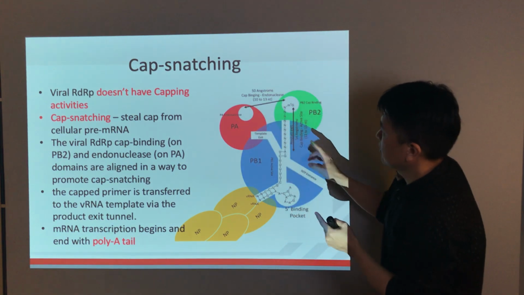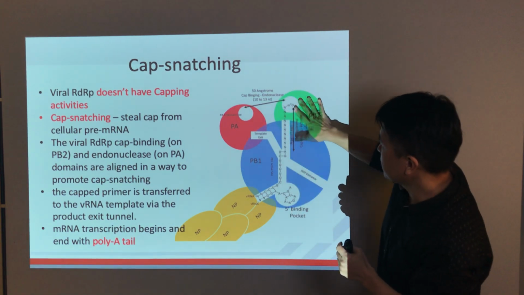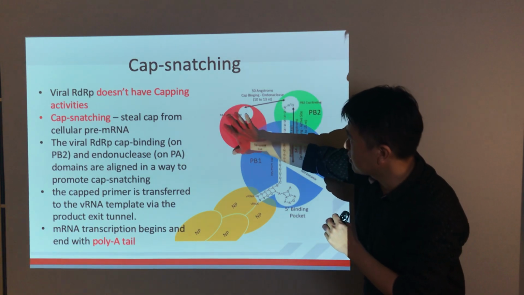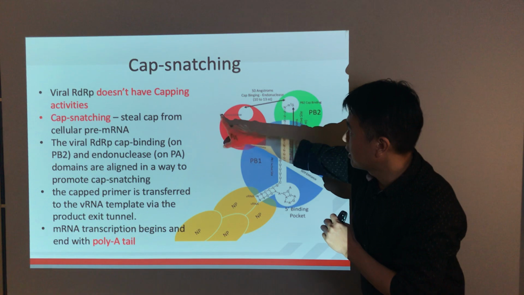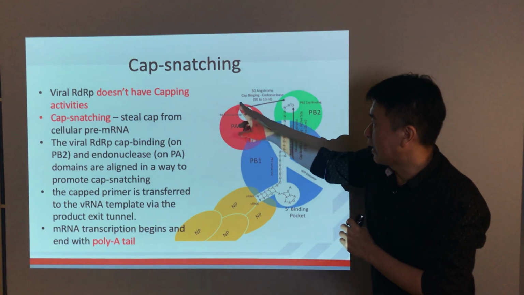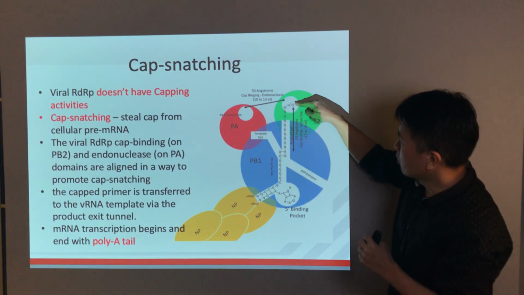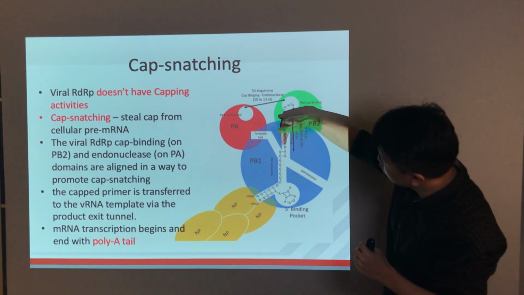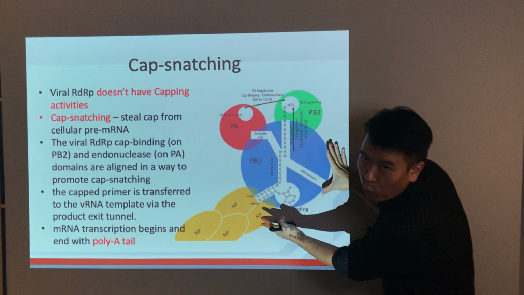And what happens next is that PA has served its purpose, where it binds the cap and has the endonuclease to cleave the nucleotide. So now this nucleotide from the host is put into PB1.